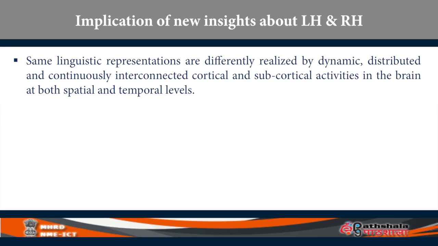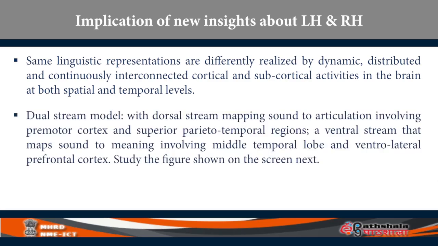Then one of the major insights of this new understanding is a new model called the dual stream model of brain-language relations. There are two streams, the dorsal stream and the ventral stream. The dorsal stream maps sound to articulation, and therefore it involves the premotor cortex and superior parieto-temporal regions.